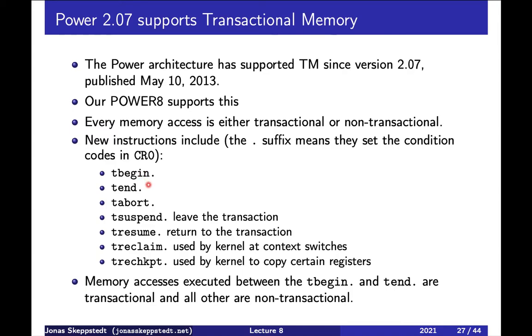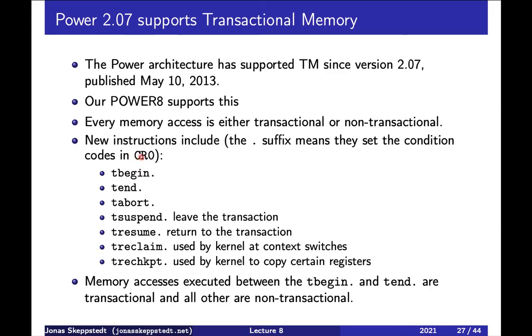So all these instructions write some kind of result, whether it succeeded or not, just as a compare instruction does, and then the results are written to a 4-bit register CR0. There are 8 of these registers, and some instructions set this field.